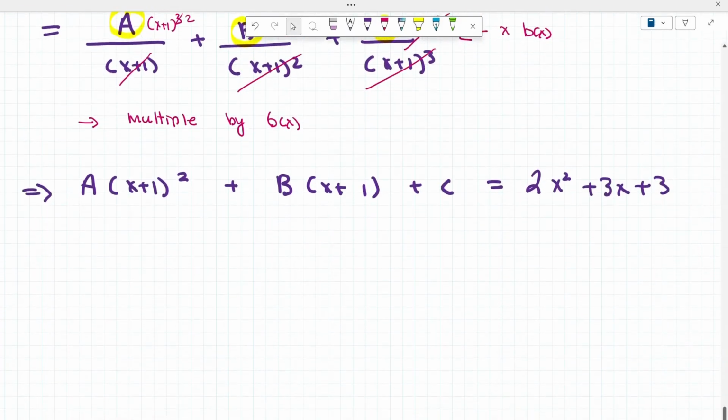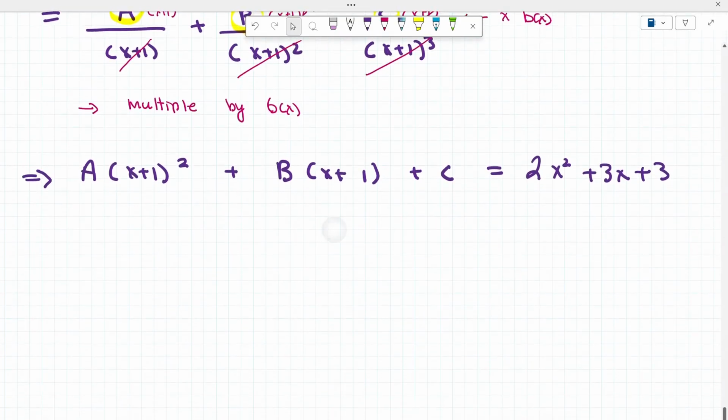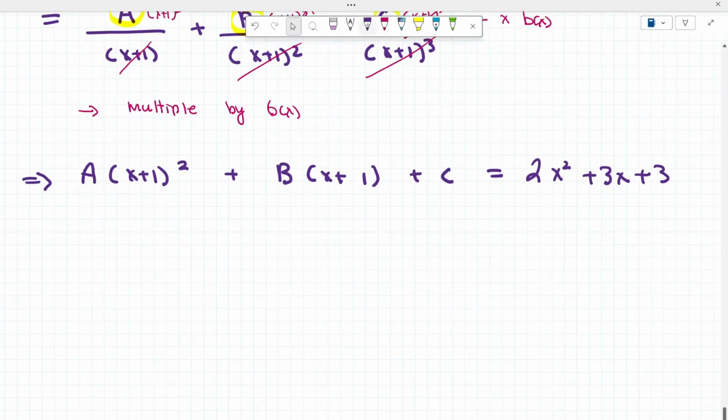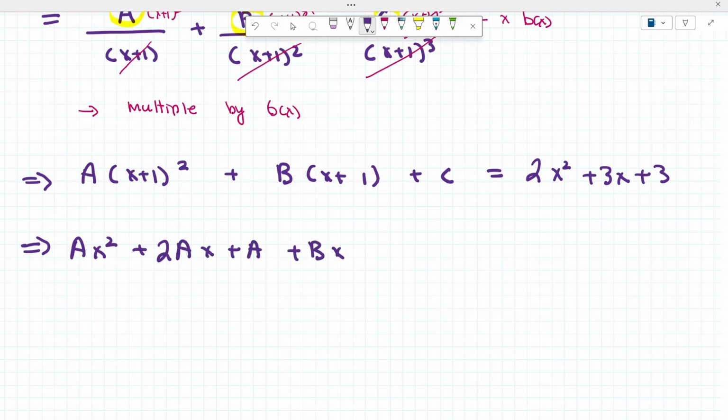Okay, let's go ahead and try to solve for this. The first thing we're going to do is expand out all our binomial terms here. So we've got Ax squared plus 2Ax plus A plus Bx plus B plus C, and that equals 2x squared plus 3x plus 3.